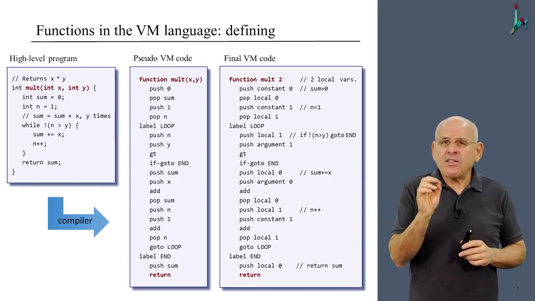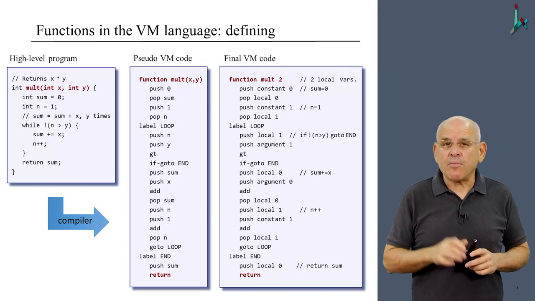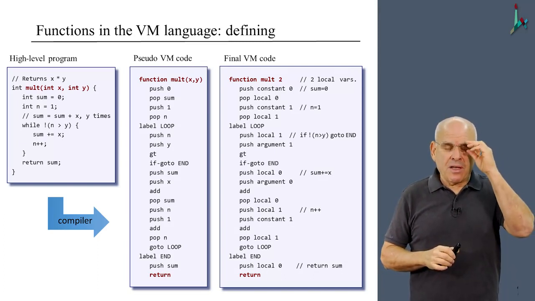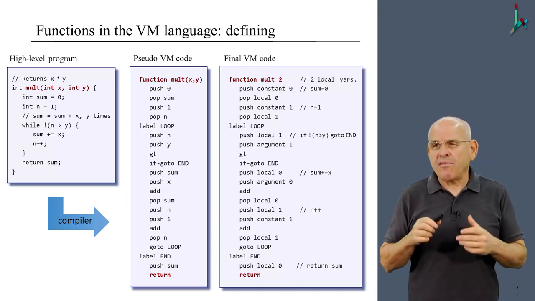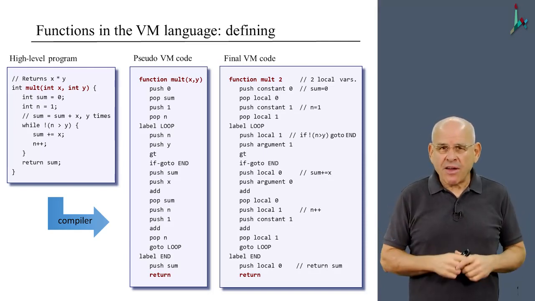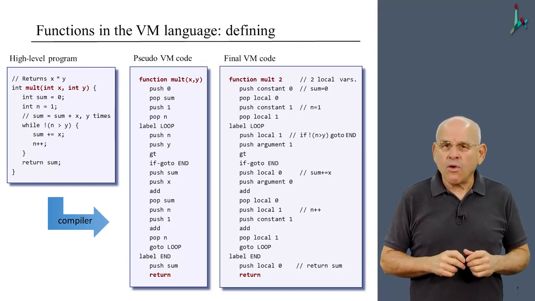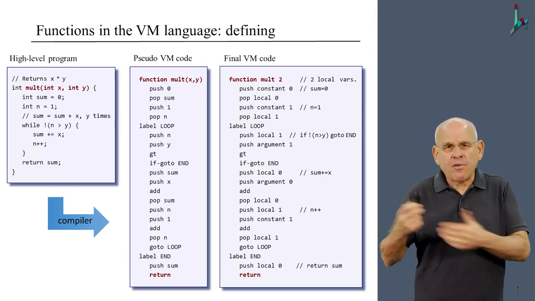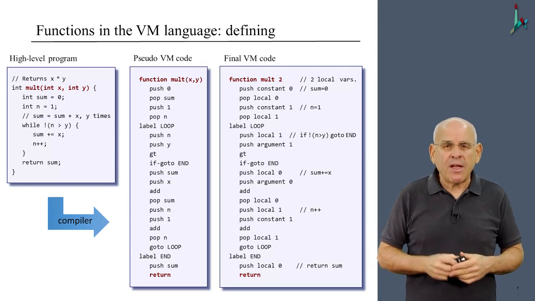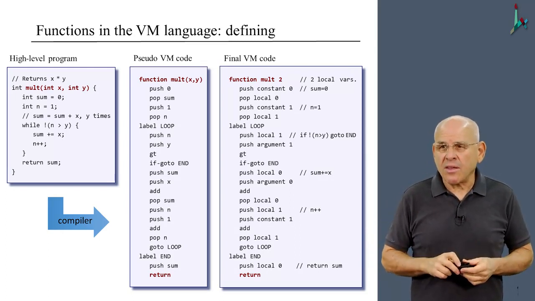And this integer informs the implementation how many local variables this function is going to use. So function mult 2 implies here starts a function, the name of this function is mult, and it is going to use 2 local variables. Why we have to mention how many local variables we need is something that we'll understand in the next unit, not in this one.